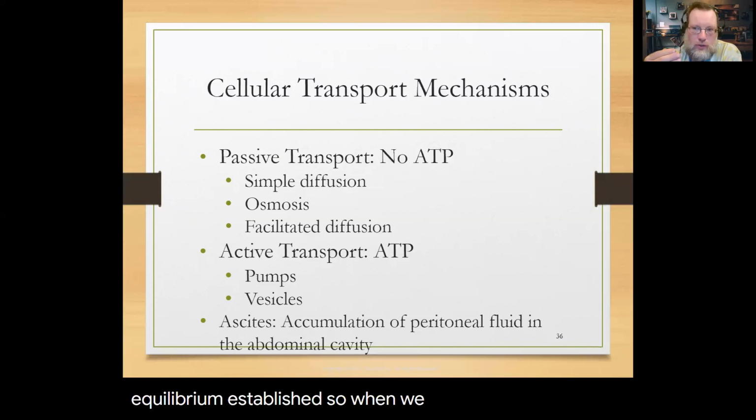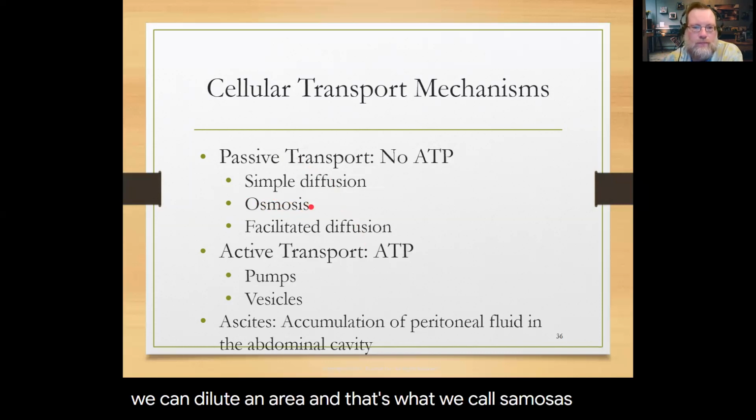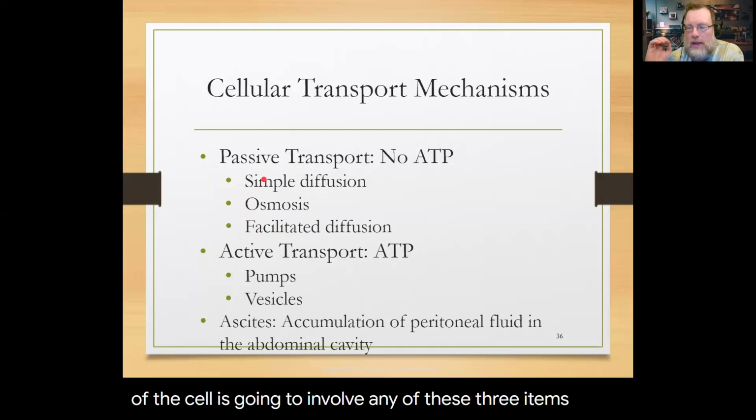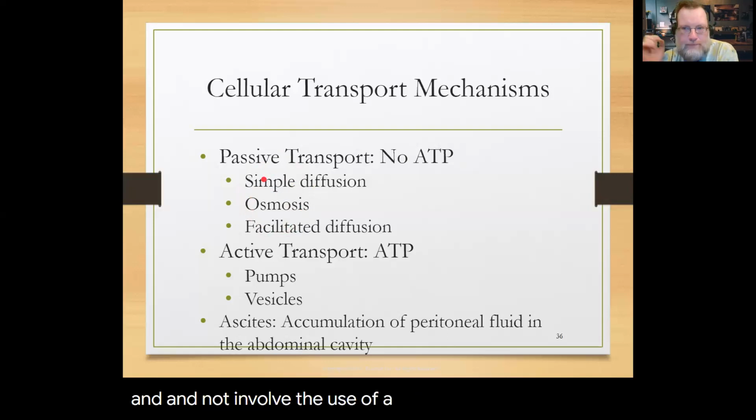So when we introduce substances or what we call solutes into the mix, we can either move those across a membrane, that's called diffusion, or we can dilute an area, and that's what we call osmosis. Okay, so gaining or finding our equilibrium inside and outside of the cell is going to involve any of these three items and not involve the use of energy.